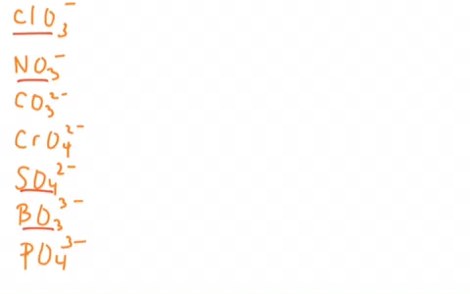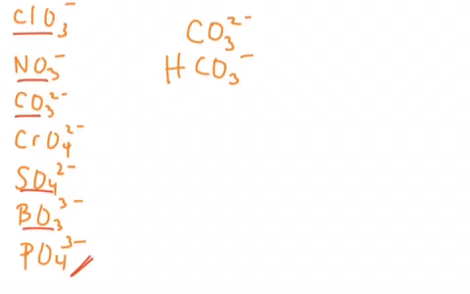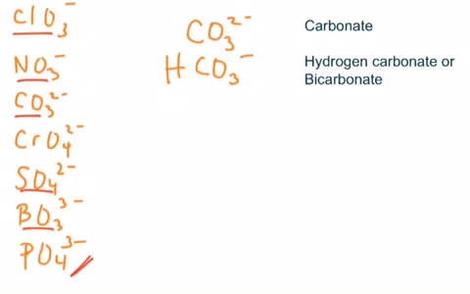I can see that same pattern play out for a couple of my other ions here, carbonate and phosphate, down at the bottom here. If I have carbonate and then I add a hydrogen, it becomes HCO3- and the charge gets moved one notch up towards positive, and the names are carbonate and then hydrogen carbonate, or another older name that it's known by is bicarbonate.